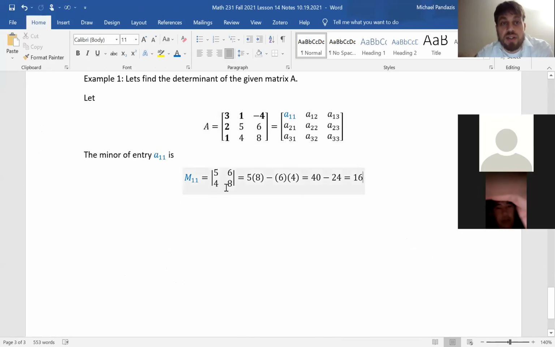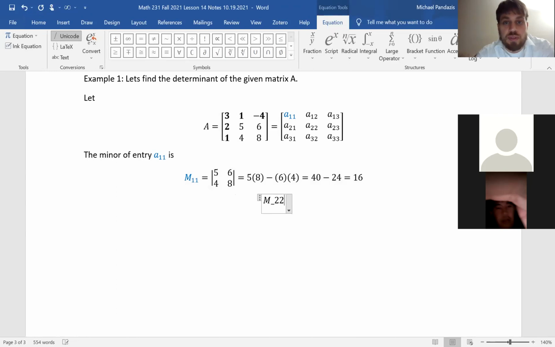And so we can find the minor of each entry in the same way. M sub 12 is just, if you continue these calculations, you would get it. I guess I could do this really fast.